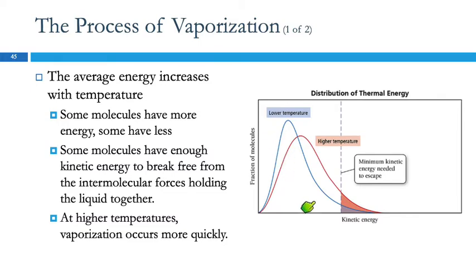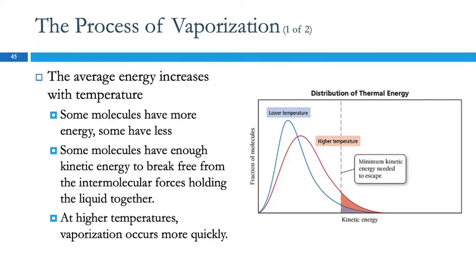So at a low temperature, there's this little bit here, and for those of you who have taken calculus, that's the area under the curve, right? That's the integration right there. We're not going to calculate that. Those molecules have enough energy to escape. If you heat up the liquid, the average increases, but more importantly, the distribution broadens out, and now we've got a lot more particles that are able to escape.